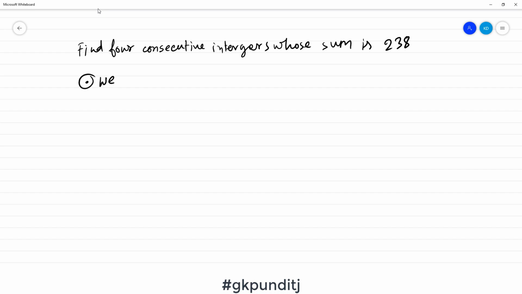We will be adding 4 successive integers.